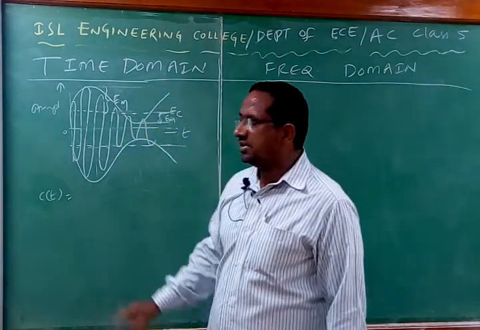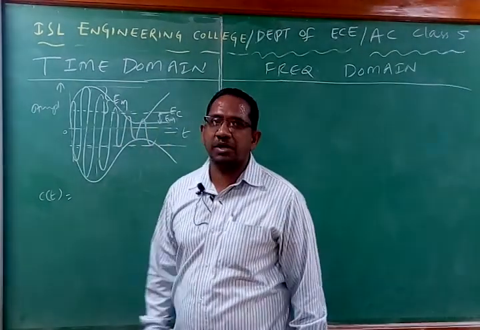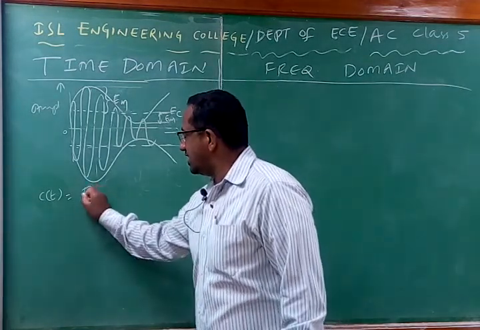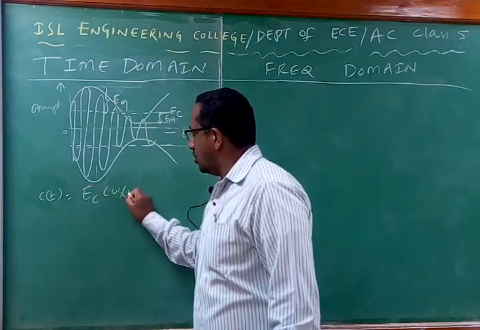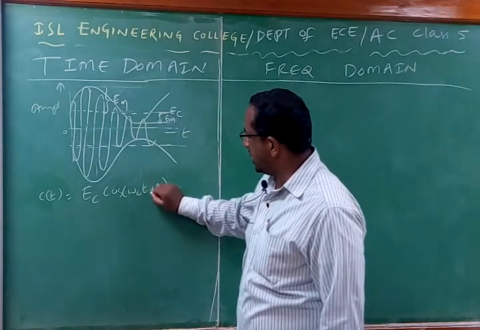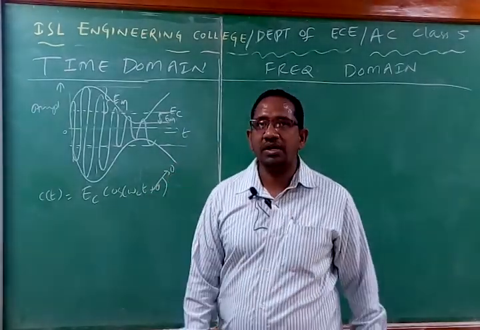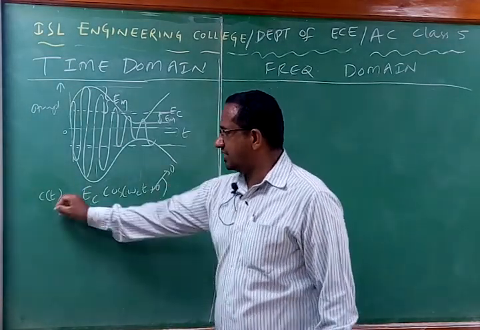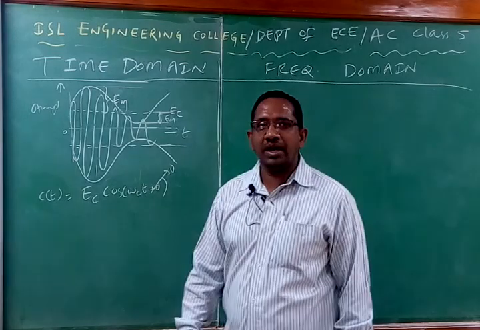What is c of t? C stands for carrier, a time domain representation of the carrier signal. Now I can write this as Ec cos omega ct plus theta. For simplification we consider theta to be 0. So the carrier signal I can write as c of t is equal to Ec cos omega ct.